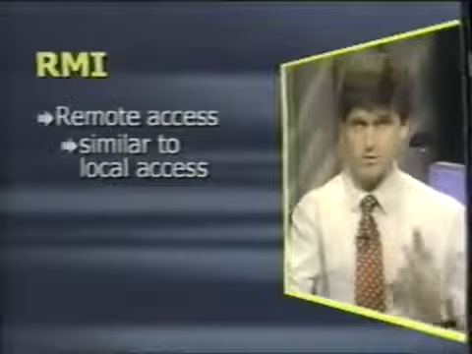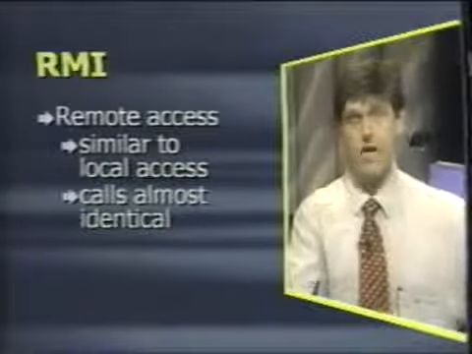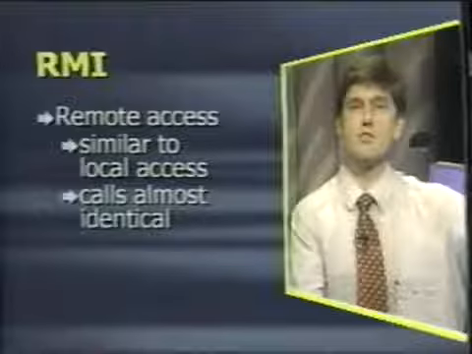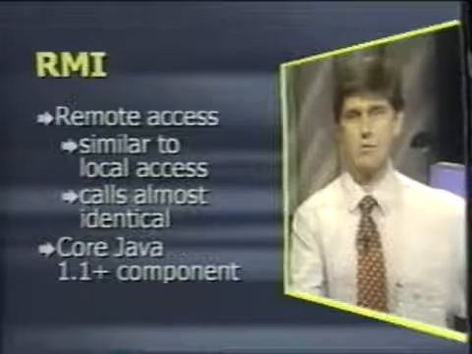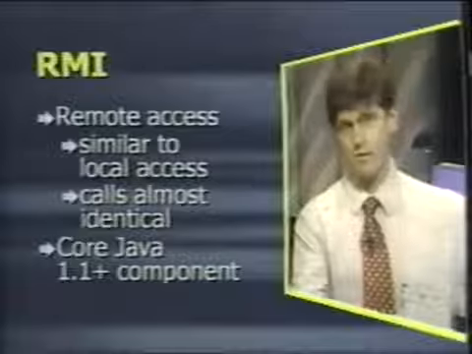In fact, the system architects don't need to know which parts are distributed and which parts aren't because the calls are almost identical. Now, one important thing about this is a core Java 1.1 component. Any Java implementation of revision 1.1 or later is going to have this as a standard component, so it's guaranteed to run on any late model Java runtime.